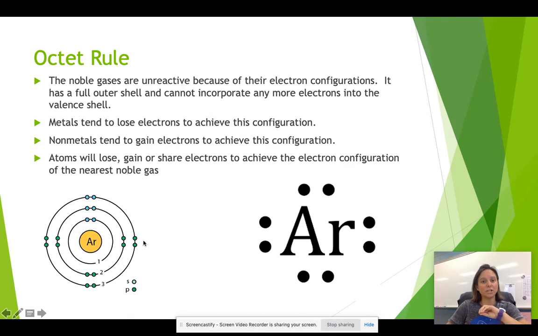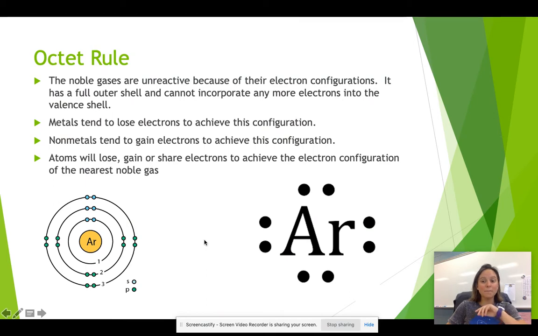And this configuration is a really good, energy efficient arrangement. Because of that, these atoms don't react because they like this. This is good for them. Now, atoms that don't have this octet will actually incorporate electrons into their energy level or get rid of electrons in their energy level to satisfy this outer energy level being full, so that they would resemble the noble gas electron configuration.